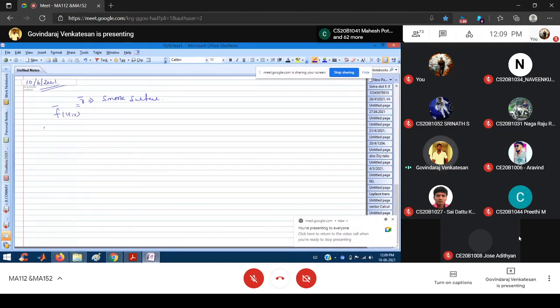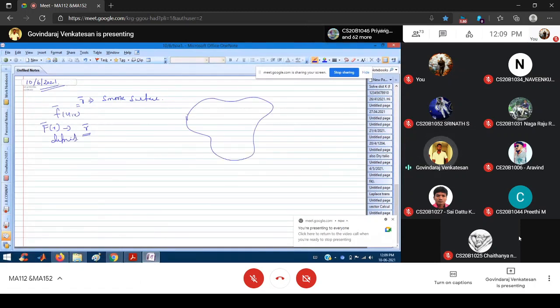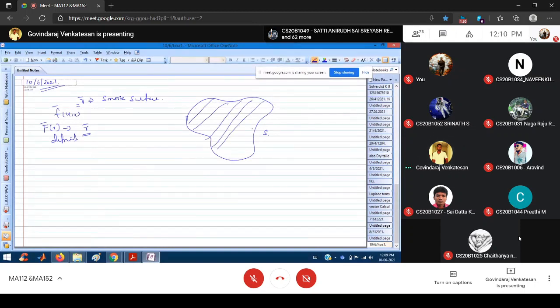So on that surface, I am defining the vector point function capital F of r on the surface r. Okay. So I am considering one small region. This is my region S. So divide the region S into m number of subregions. So each region has area delta Si, where i runs from 1 to m.